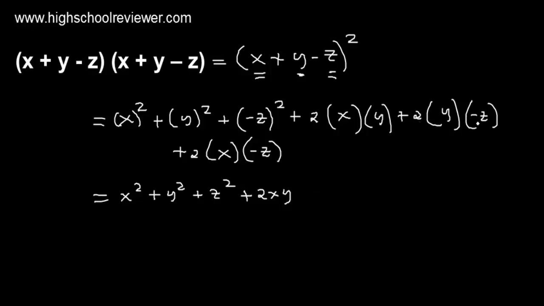And 2 times y times negative z, this is negative 2yz. And positive 2 multiplied by x multiplied by negative z, this is negative 2xz. X squared plus y squared plus z squared plus 2xy minus 2yz minus 2xz is our final answer.